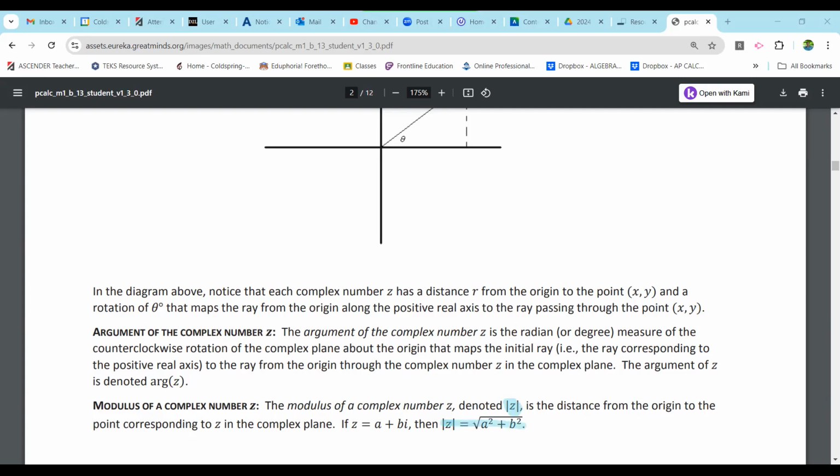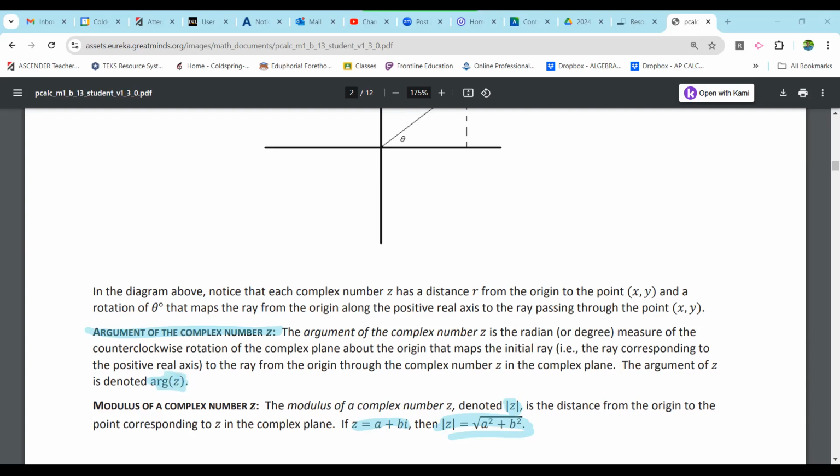We were then able to produce this equation right here. All right, given that z is equal to a complex number a plus bi, all of that is not new to you. What's new to you is this thing called an argument of a complex number. That is just going to be the degree or radian, and it's going to be noted as the argument or ARG of z.